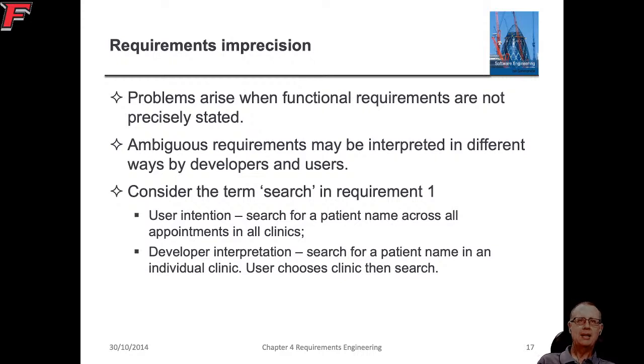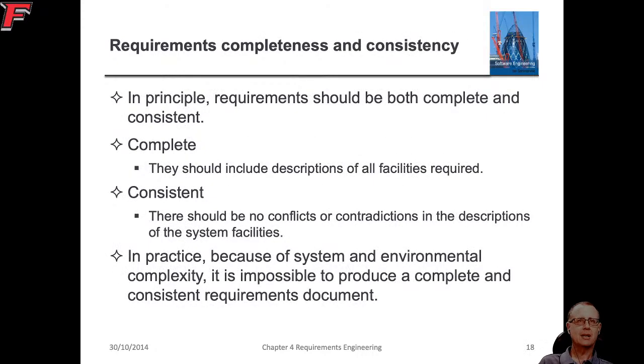You need to have requirements that are precisely stated and unambiguous. That is always cause for concern if they're not precisely stated or if they're ambiguous. They should be complete and consistent.